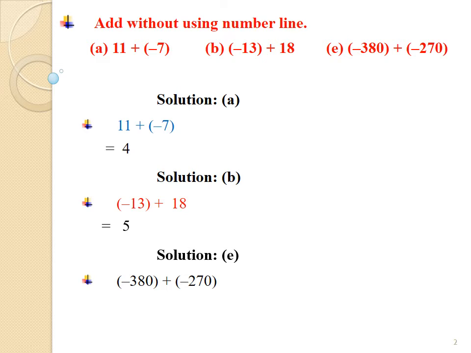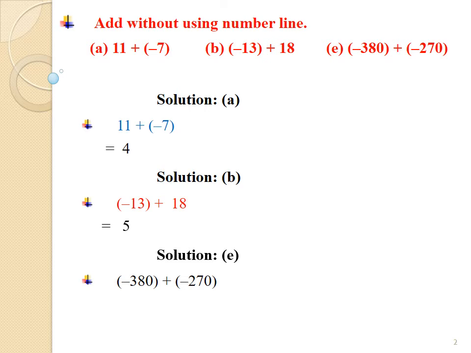So now let us add 380 and 270 as a whole number by ignoring the minus sign and place the minus sign before the answer obtained. Thus, adding 270 to 380 as a whole number, we get 650.